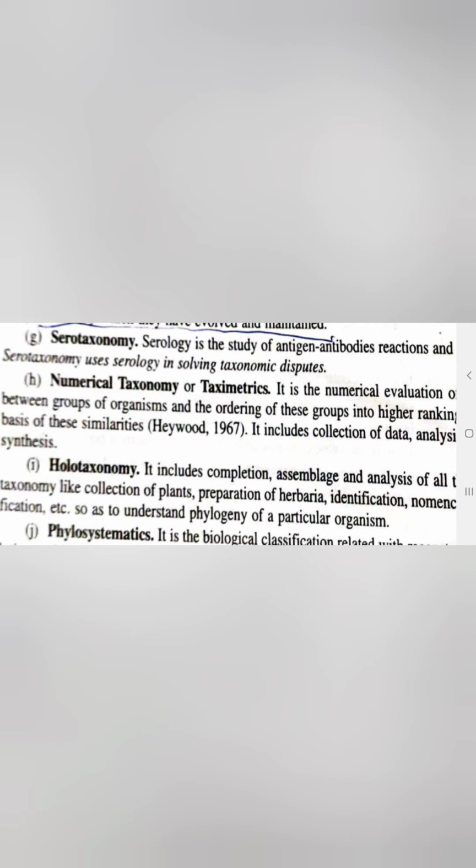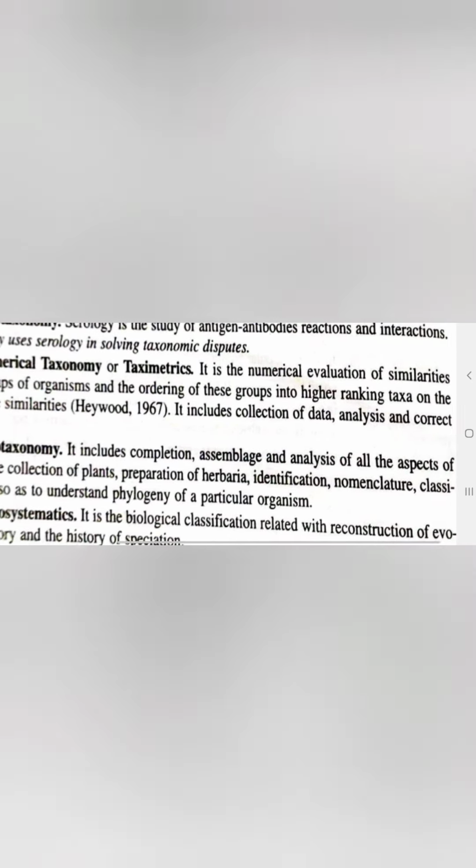Next is numerical taxonomy or taximetrics. It is the numerical evaluation of similarities between groups of organisms and ordering these groups into higher ranking on the basis of similarities. Means here we consider all the similar characters, and on the basis of that we include a plant into a particular species.